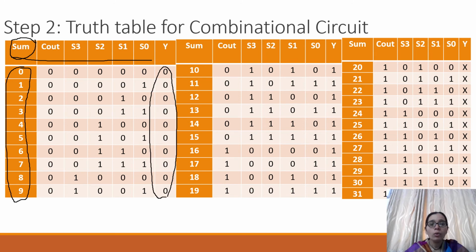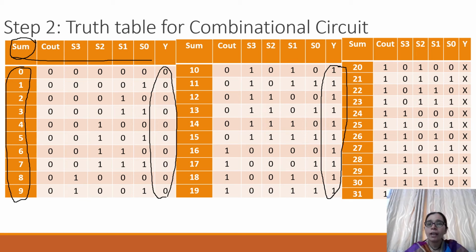Now whenever the sum is up to 19, why 19? Because the maximum BCD addition is 19. Therefore whenever the sum is from 10 to 19, then Y is equal to 1. Y equal to 1 indicates invalid BCD. So whenever the binary adder produces a sum from 10 to 19, Y will be 1.